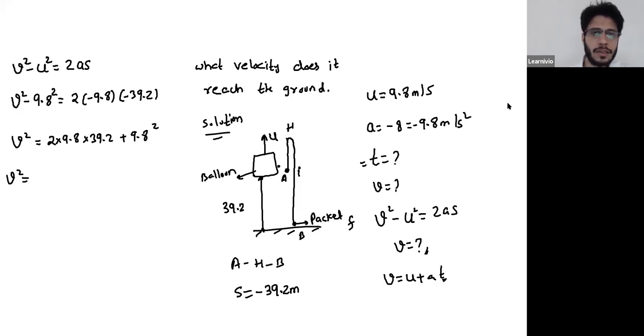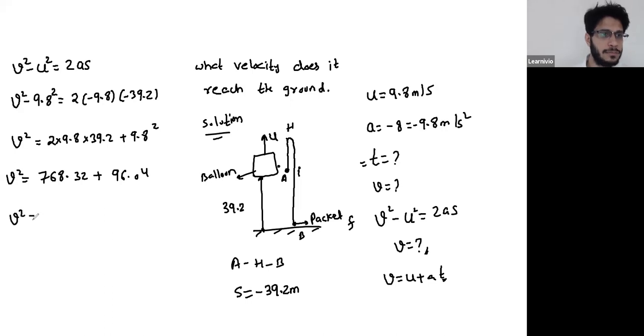Right, so your V square is, I'm using a calculator, it's a very lengthy calculation. 2 into 9.8 into 39.2 is 768.32, plus 9.8 square, which is 96.04.